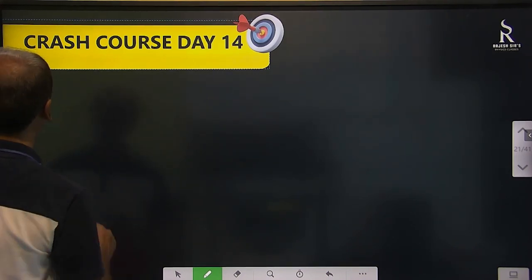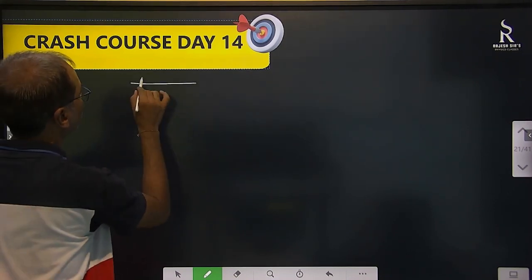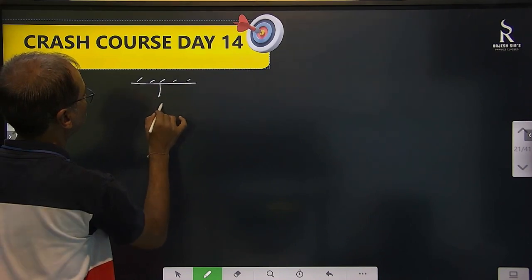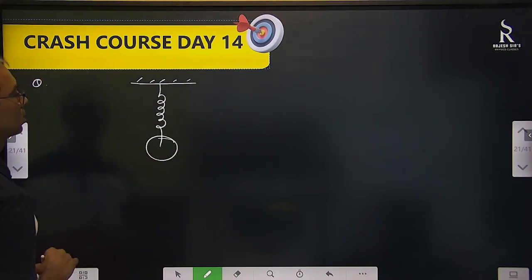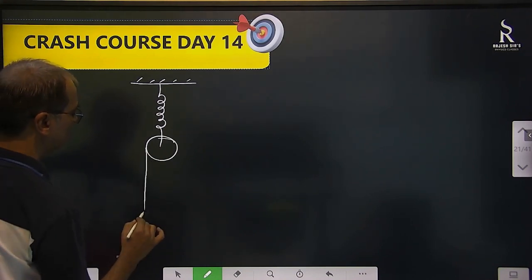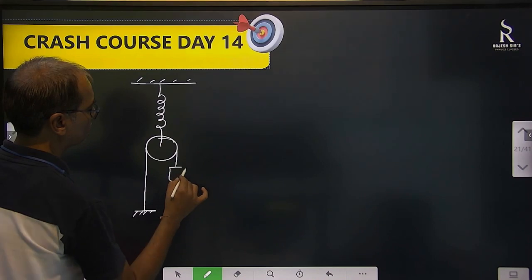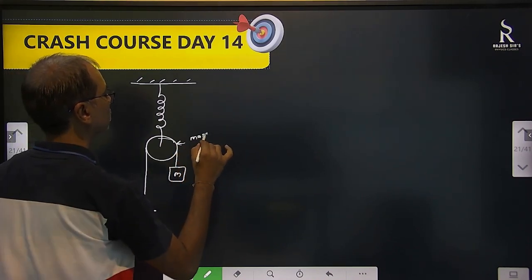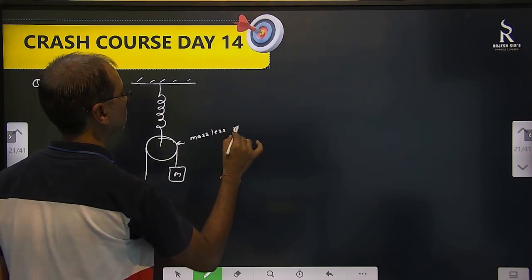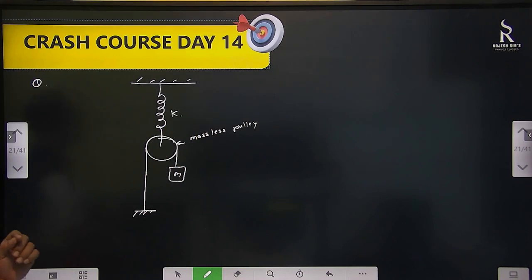So what I am going to do is take it like this. This is a massless pulley. This is K. Now its time period we have to find.